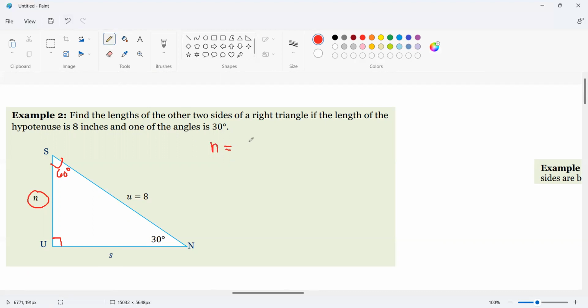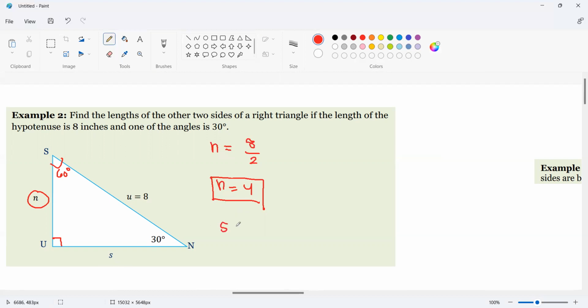N is equal to 8 over 2. N is equal to 4. Sakto ba? So N is equal to 4. What about this one? How do we solve for this one? Given that N is equal to 4, we can just multiply the square root of 3.